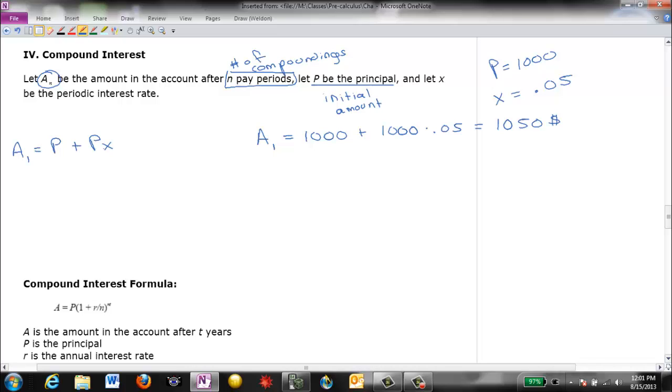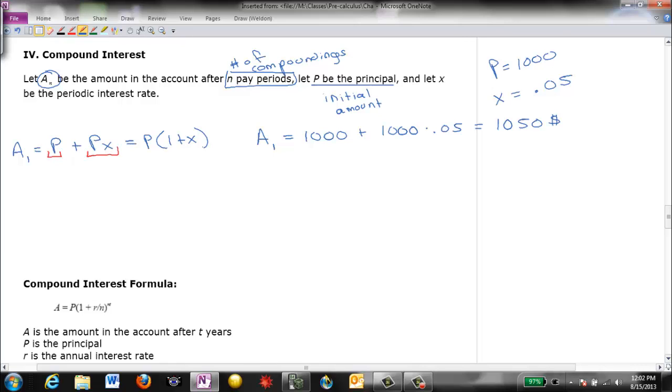Okay, so over here on the left-hand side, I'm going to clean this up a little bit. I notice that in each of these terms, this P and this P times x, I have a P in both, right? So I can factor that P out, right? So I'm going to end up with P times (1 plus x). A little bit more compact, right?